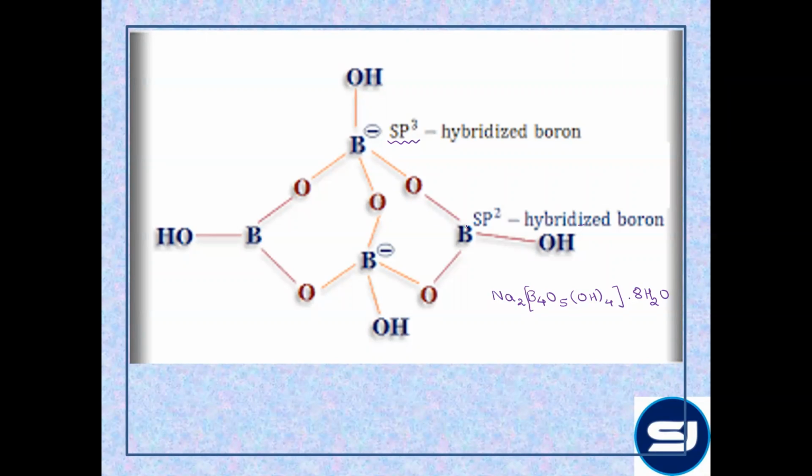So these 2 boron atoms will be sp2 hybridized. So point number 2, in the borax unit, 2 boron atoms are sp3 and the other 2 boron atoms are sp2, because of which this particular structure is considered to be non-planar. Because though the sp2 boron atoms are in the plane, the other 2 boron atoms are not in the same plane, so it is non-planar.